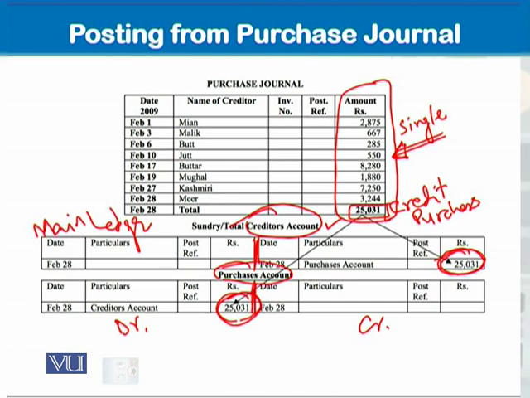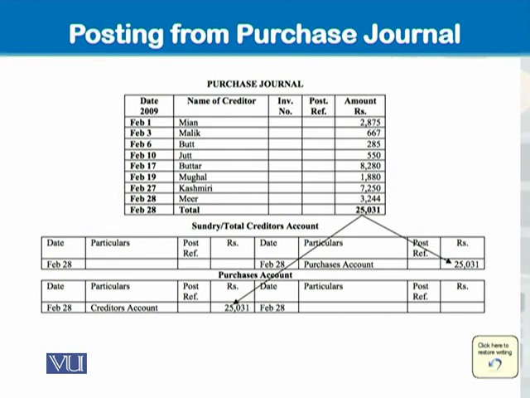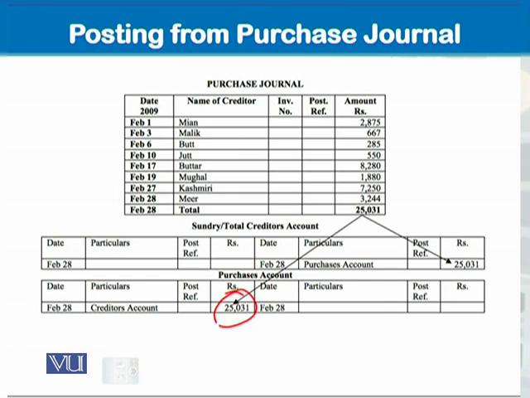Okay, this is the credit side and this is the debit side. So this is how we post the total of the purchase journal into the relevant ledger accounts. Okay, that's it.